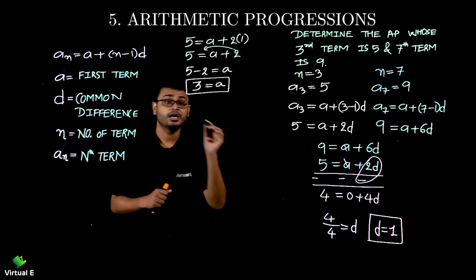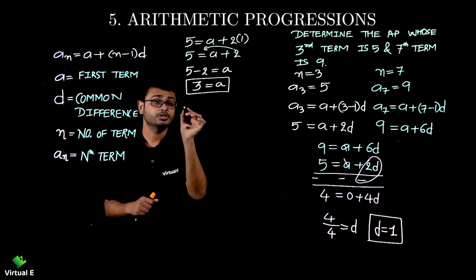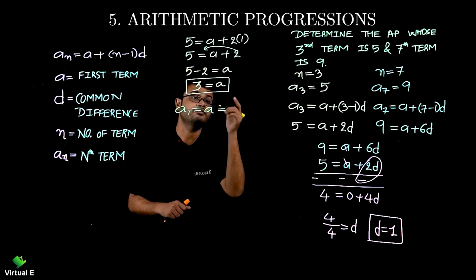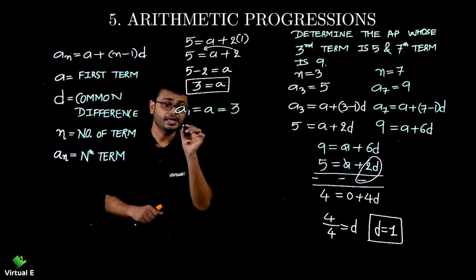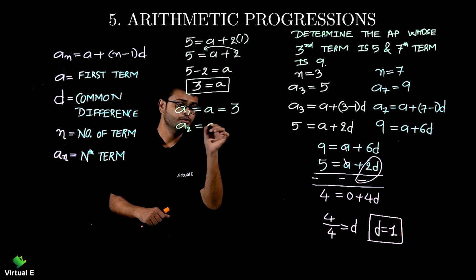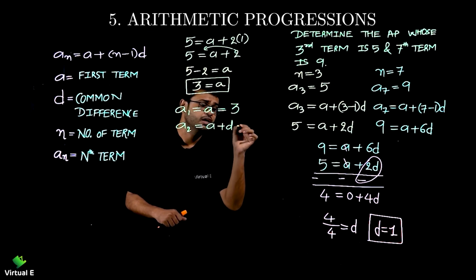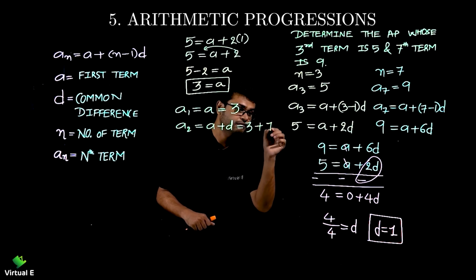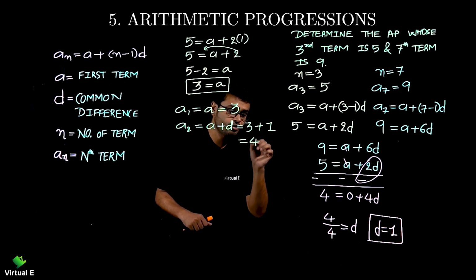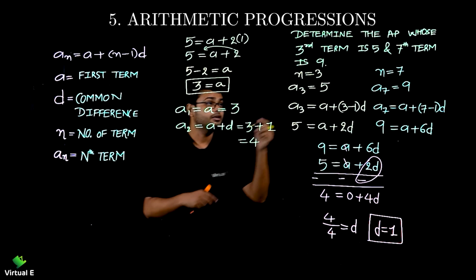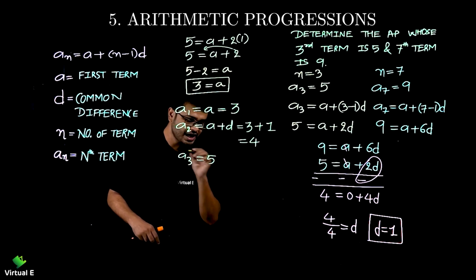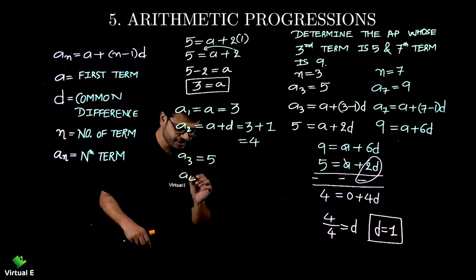Otherwise, you can use the formula that I told you in the previous session. Let's recall, what was the formula? The formula was first A1 is equal to A, what is the value of A? 3. Then A2 is equal to A plus D. Value of A 3, value of D 1. So 4. My second term is 4, and third term we already know A3 is equal to 5, and what's left?